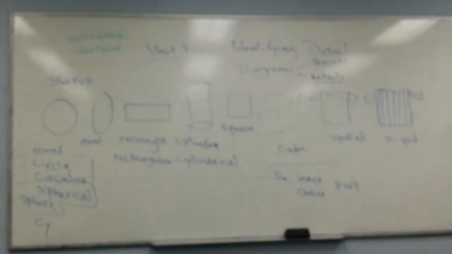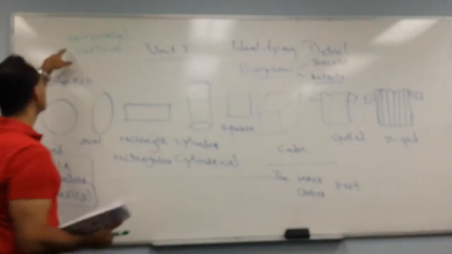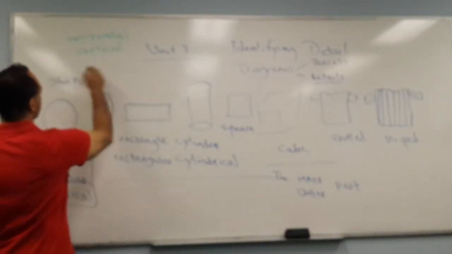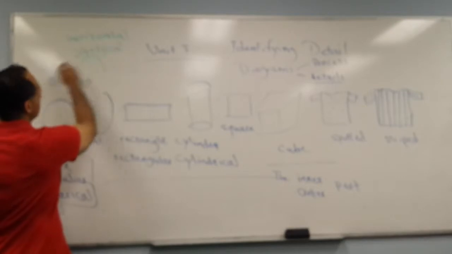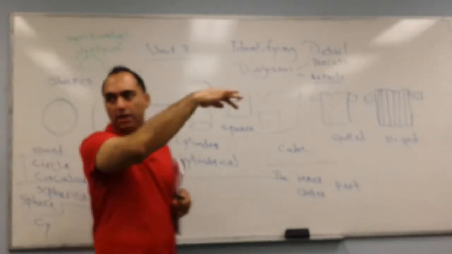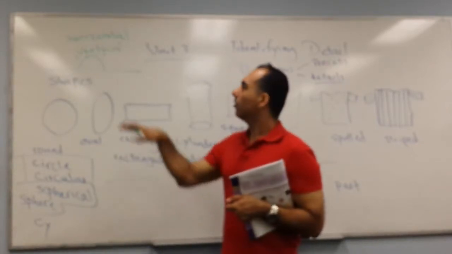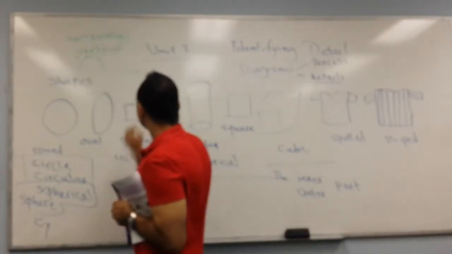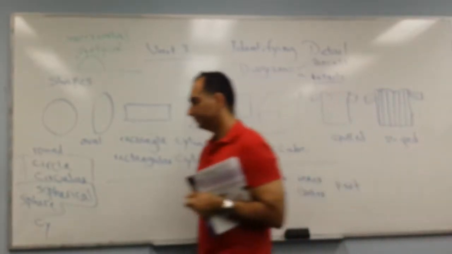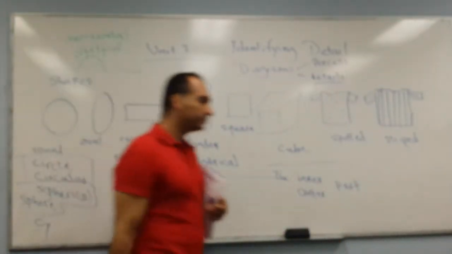So we have the words horizontal and vertical. Horizontal is like the horizon, like this, where the sun is here. Always remember, horizontal, like this line on which there's a sun. And vertical comes right like this.